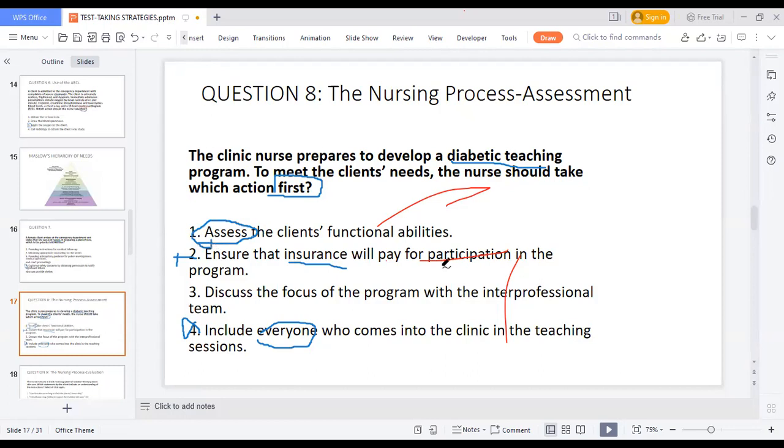You have to look at it. The first thing to do, the nursing process, what's the first thing? Assess. So you assess the client's functional abilities for you to be able to prepare a good teaching plan for this client.